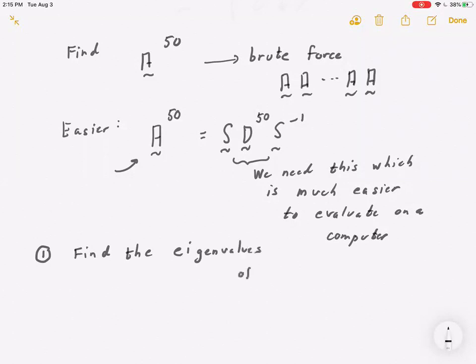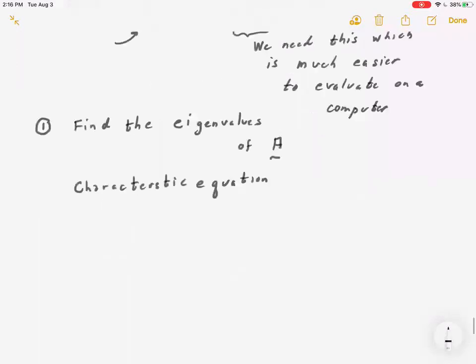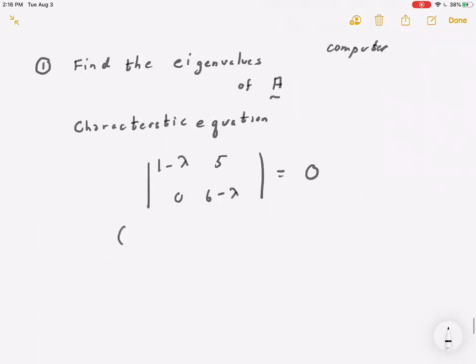So let's get started. First thing we're going to do is calculate the eigenvalues of A. So we need to write down the characteristic equation for A. That's just going to be the determinant of the following. Set that equal to 0. And that is going to give us a characteristic polynomial, which is lambda squared minus 7 times lambda plus 6 equals 0.